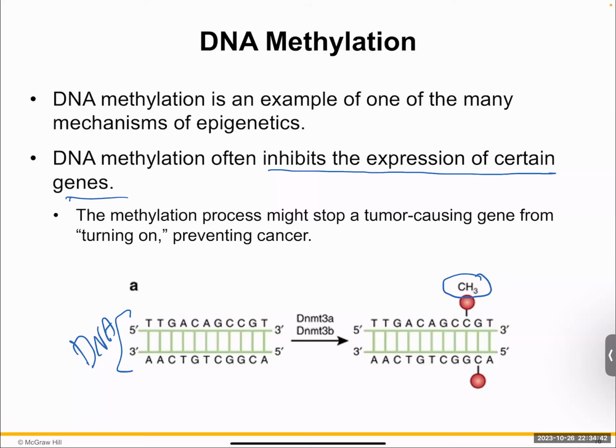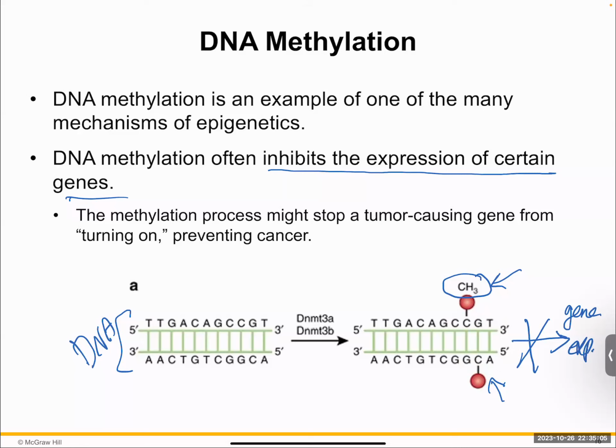So by adding these groups here, you are stopping the process of what? Gene expression, which means you do not produce any protein. You're blocking your DNA from being transcribed and eventually translated into the protein.